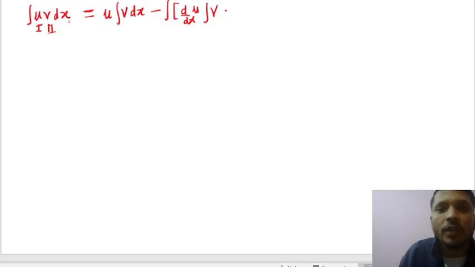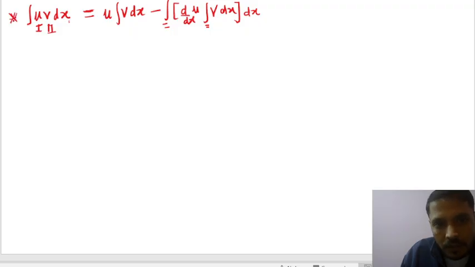So it is v dx, then a minus sign, and an integration. Inside this integration we take the derivative of the first function, that is d/dx of u, and then the integration of the second function, v dx. Bracket close. Since there are two integration signs, we take one more dx. So this is the rule for integration by parts.